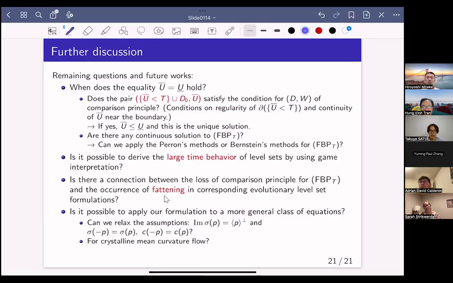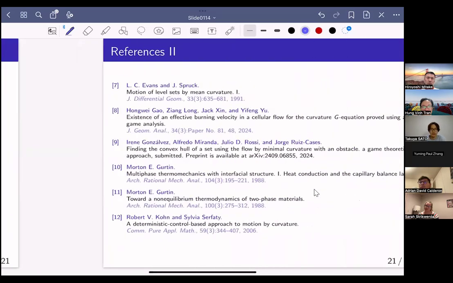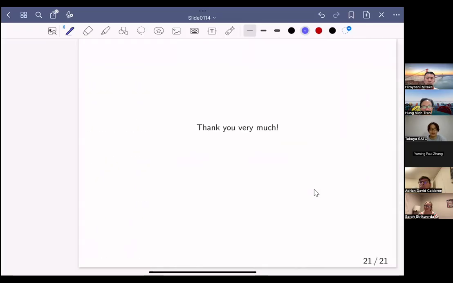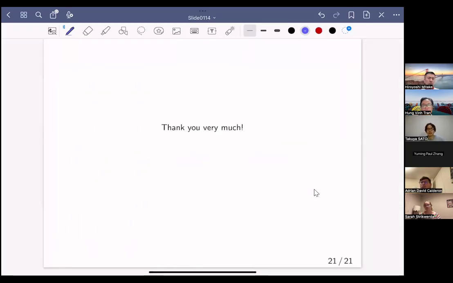And moreover, as in the previous work of Professor Liu, can we know the relation between the factoring in the evolutionary formulation and the comparison principle for our free boundary problems? So this is our reference list, and thank you very much for listening.